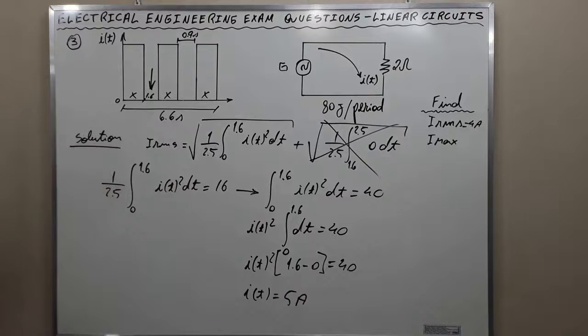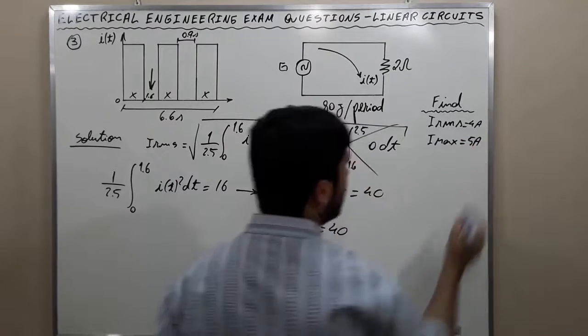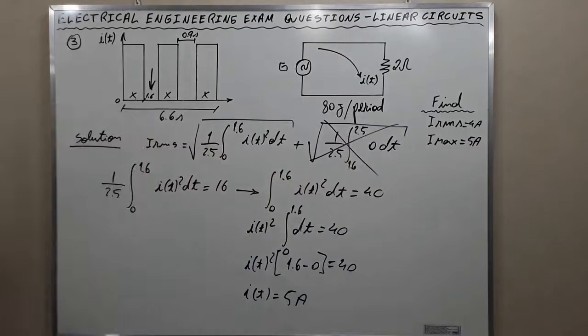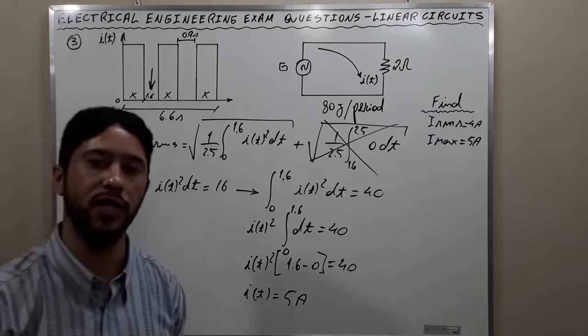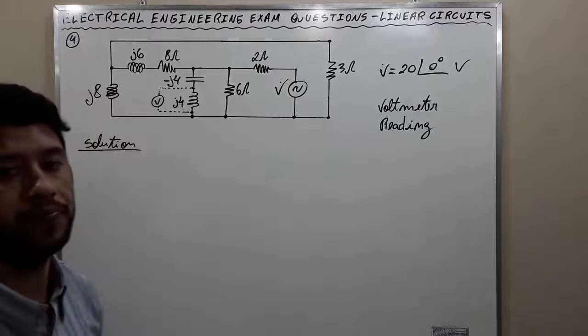Then the maximum value of the current is 5 amperes and the RMS value of this current is 4 amperes. This is what exercise 3 requested of us, and we've just calculated it. This is all for exercise 3. Let's go to exercise 4.